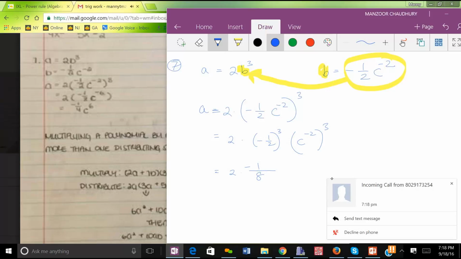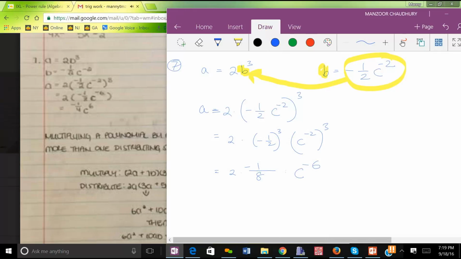C to the negative 2 to the 3 is C to the negative 6. So you have negative 1/4, and C to the negative 6 is at the top, so it needs to go to the bottom. So it's going to be negative 1/4 C to the 6. Does it make sense? Yeah. Totally.